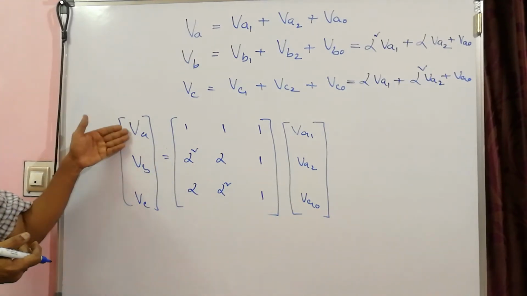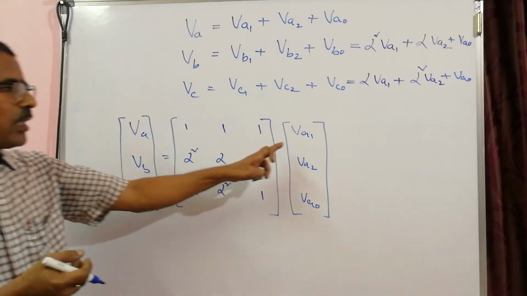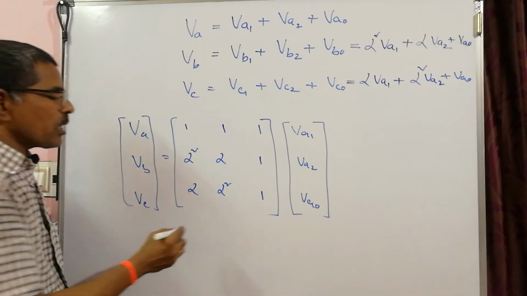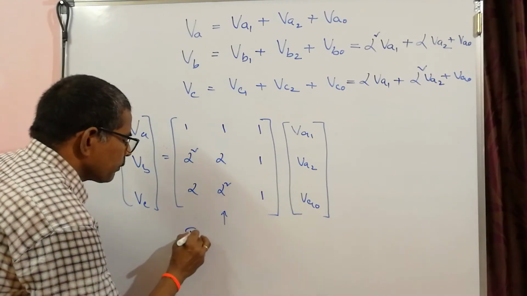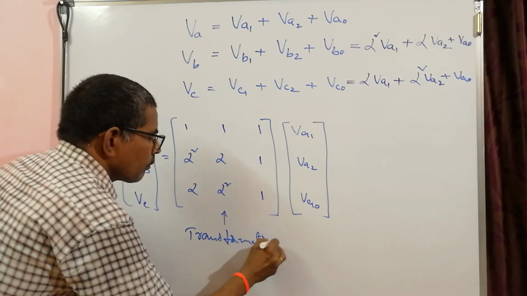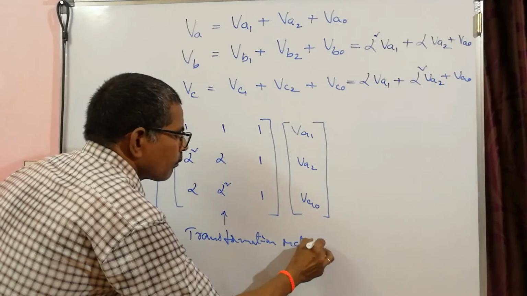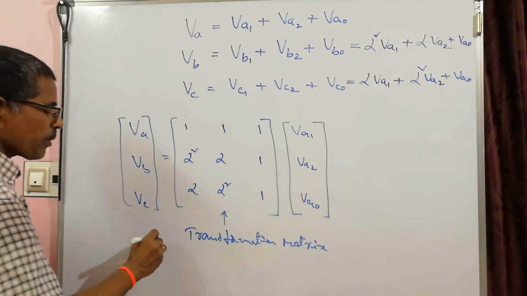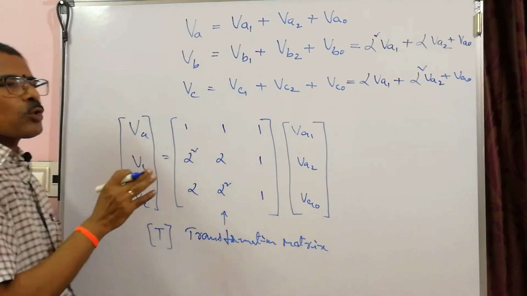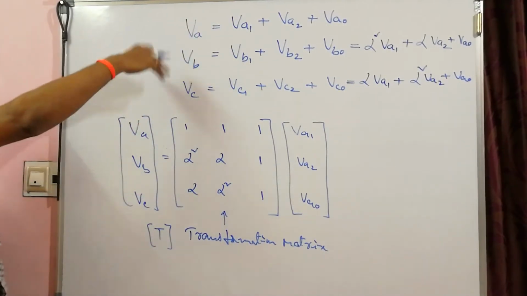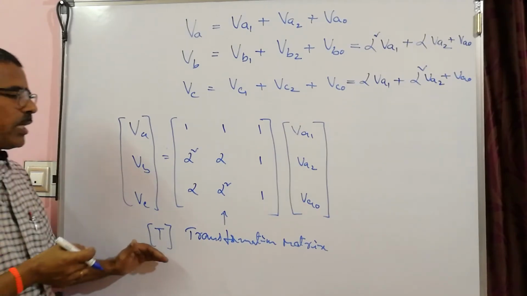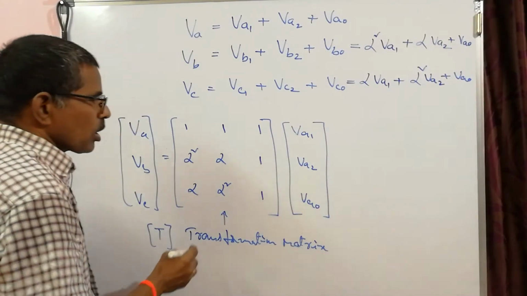You can even write IA, IB, IC with the same matrix, here IA1, IA2, IA0 you get. Okay. So this is called transformation matrix, capital T. This structure you should remember, so that you need not write every time all these interrelations. You should know VA, VB, VC is T times VA0, VB0, VC0.